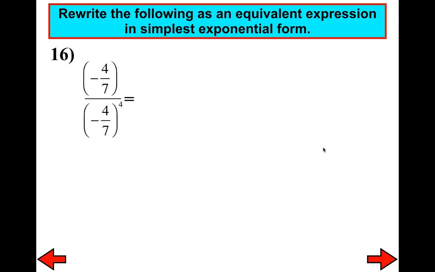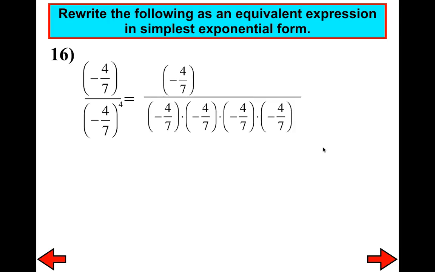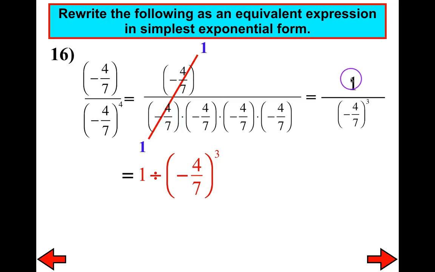Okay, so hopefully you went ahead and extended the bases out, and then you went ahead and reduced, leaving you with just 1 over negative 4/7 cubed. Again, this is not a simplified answer, so you're going to have to go ahead and take an extra step. It means 1 divided by negative 4/7 cubed.